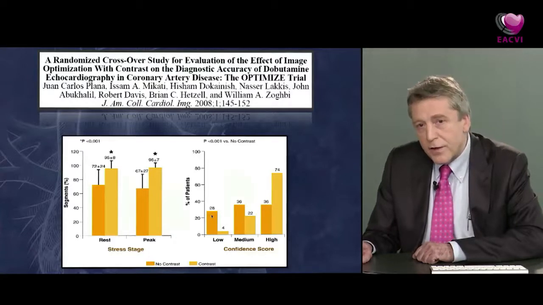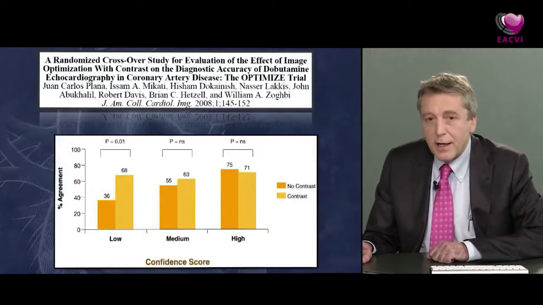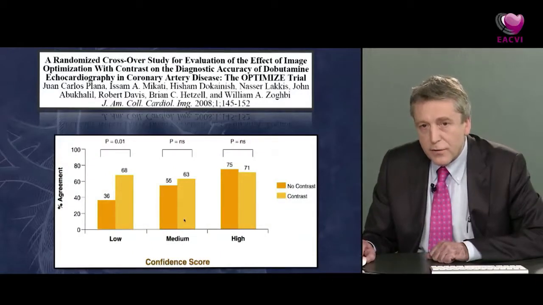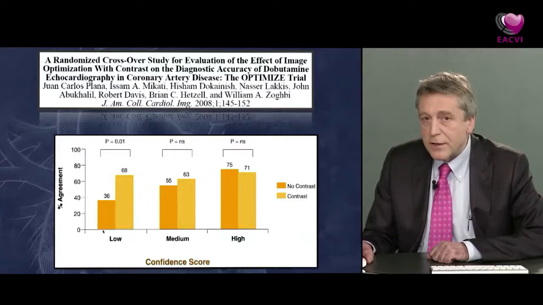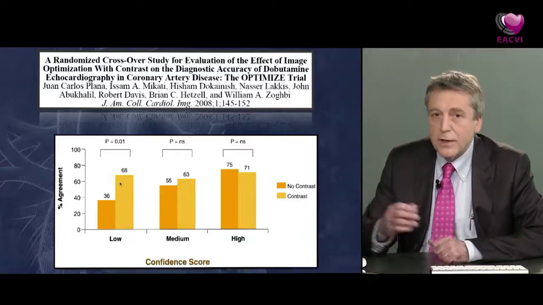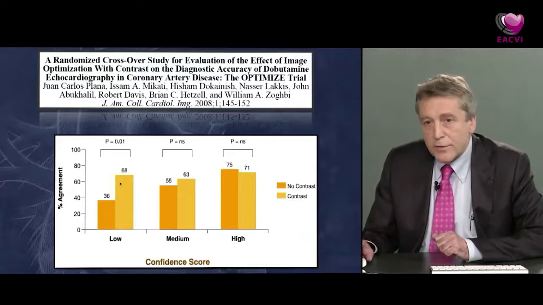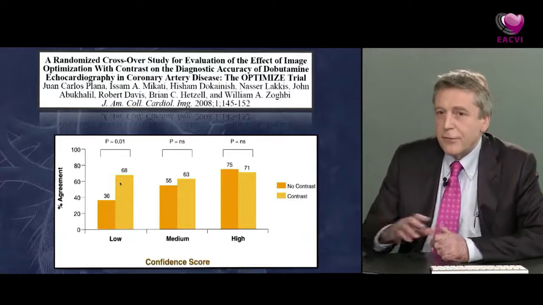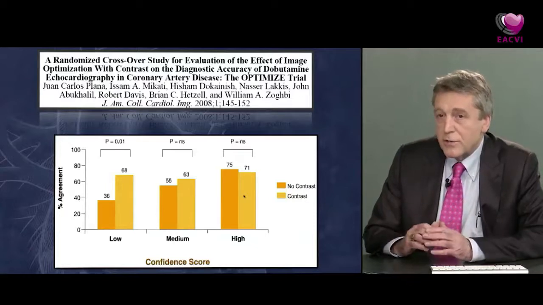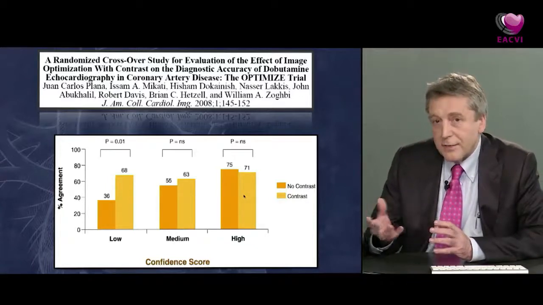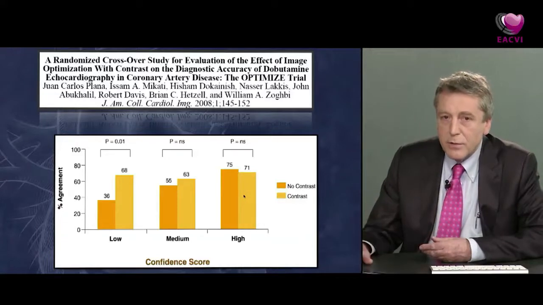And also, the agreement between readers was much higher when contrast was used. So if you take patients with poor baseline image quality, then contrast made a significant difference in terms of the agreement between readers. Whereas, of course, as you might expect, if the baseline image quality was good, then contrast really didn't have much impact. And I think that underlines the kind of patients in which we would use contrast.